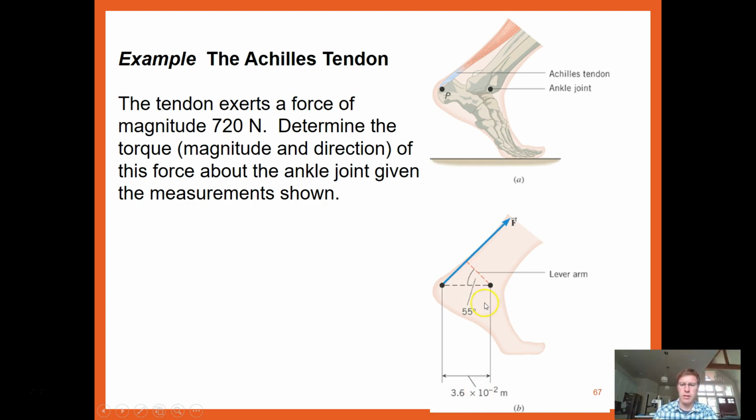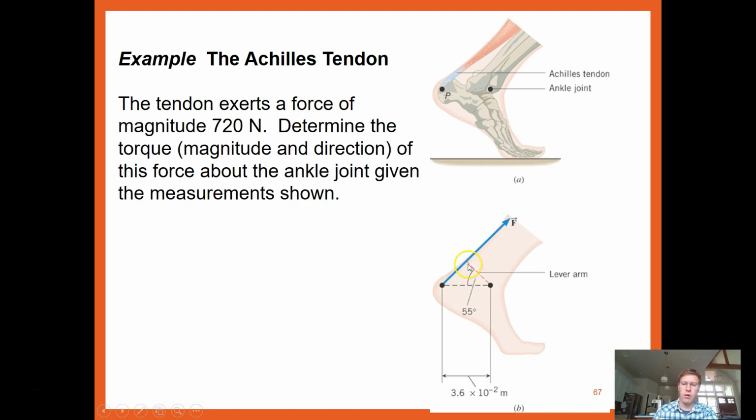Okay, that's the distance from the ankle joint to point P, but the direction of the force is not perpendicular. So what we see here is that the direction of the force is about 35 degrees off of that measured distance.